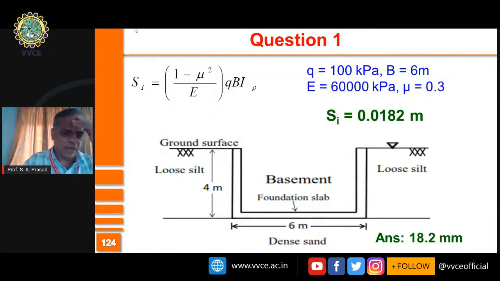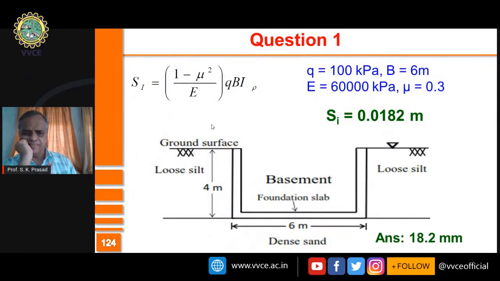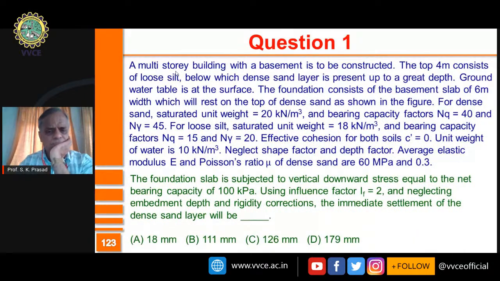So, please use the formula for immediate settlement. You have loose silt for a thickness of 4 meters, and below that is dense sand. The foundation width is 6 meters, provided exactly at the interface. Now, in the formula, mu is given as 0.3. Young's modulus is 60 MPa or 60,000 kPa. Q is the contact pressure, which is 100 kilonewton per meter squared.